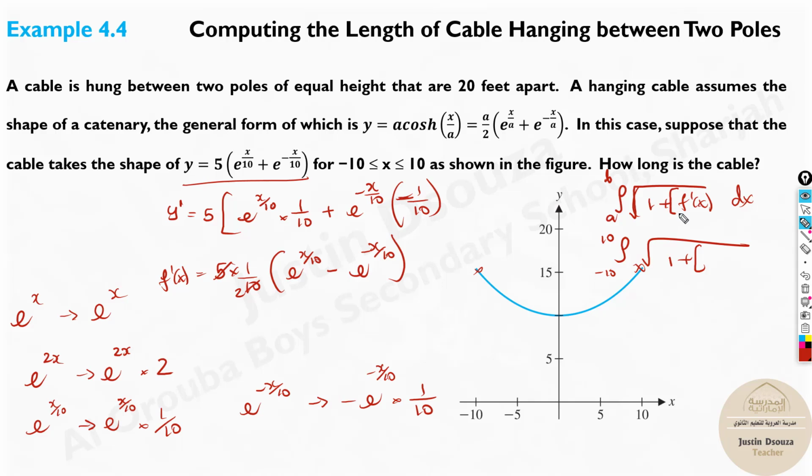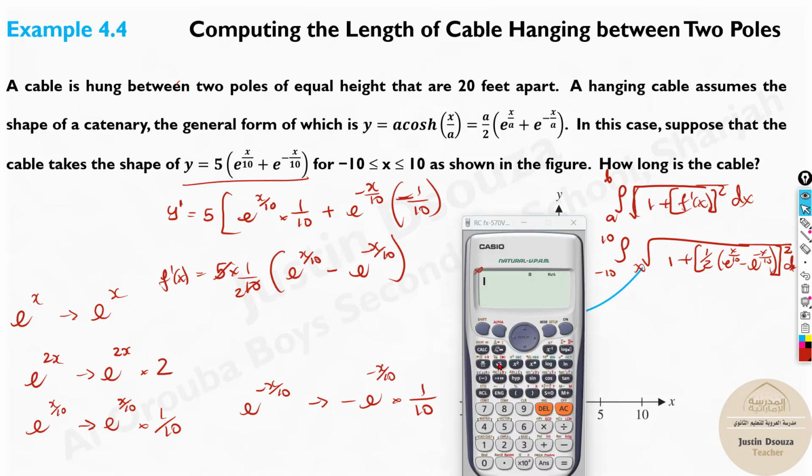And oh, I forgot to square over here. That is very important. Square is required. So it's half into e to the power x by 10 minus e to the power minus x by 10. This, I'll close it and square it up, dx. So this is it. I'll just put it in the calculator now and we can easily solve it.